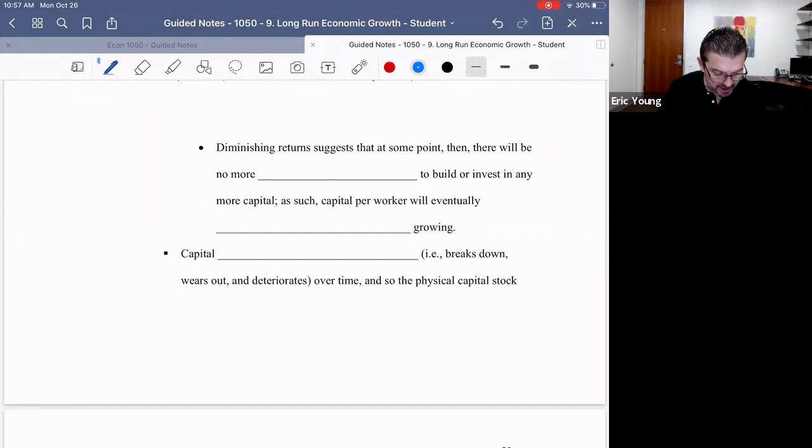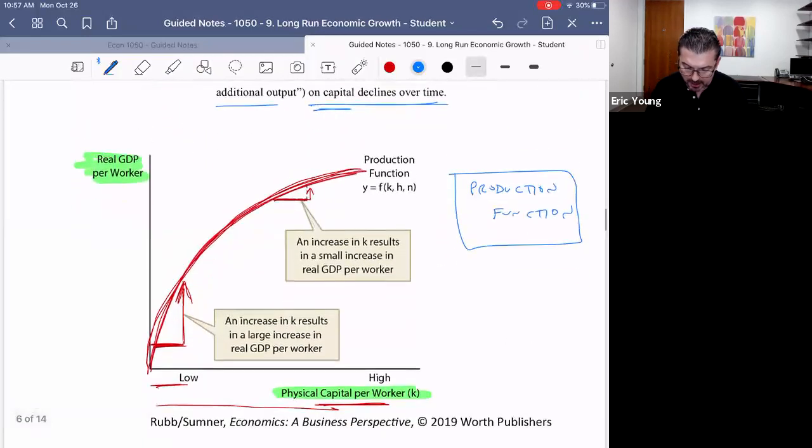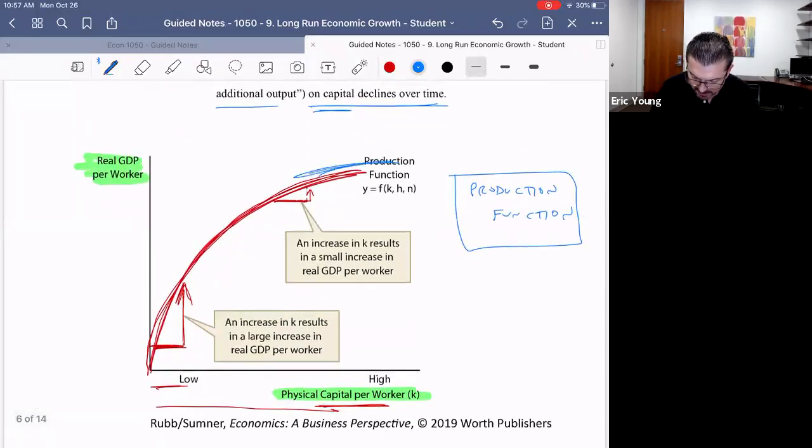Diminishing returns suggest that at some point then, there will be no more incentive to build or invest in any more capital. Imagine that your economy is operating right up here. What you're seeing is, hey, all this additional capital that we're investing in, all this additional spending isn't really generating all that much more real GDP per capita.